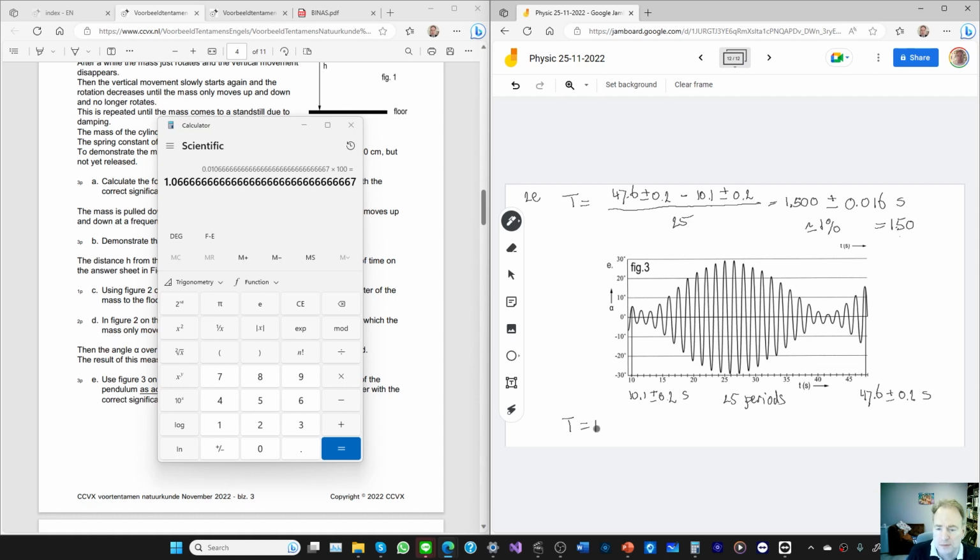So T is 1.50. That means the frequency is 1 divided by that, 0.667 hertz. And I again keep 3 significant figures here.